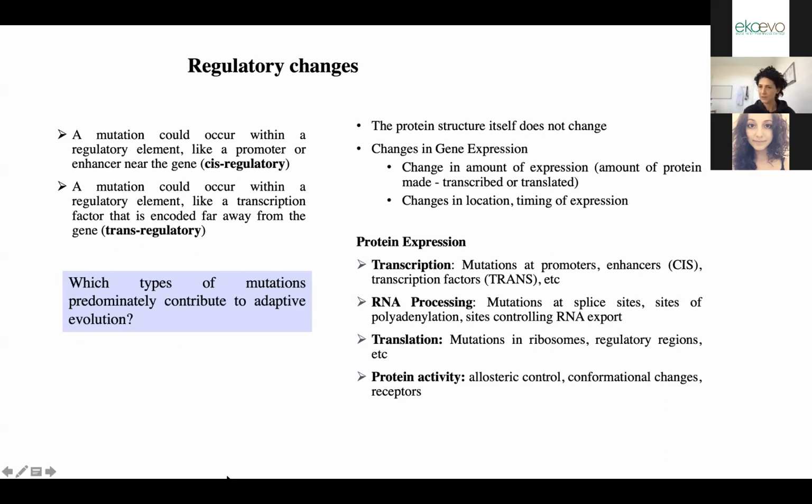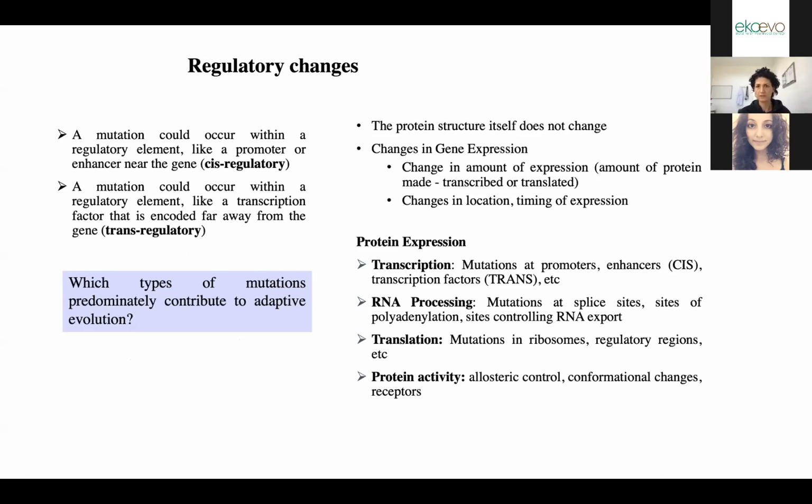Okay, so we will discuss here which type of mutation predominantly contributes to adaptive evolution, structural or regulatory. Within the regulatory changes, which one, cis or trans-regulatory mutation, is most important? In regulatory changes, the protein itself does not change.